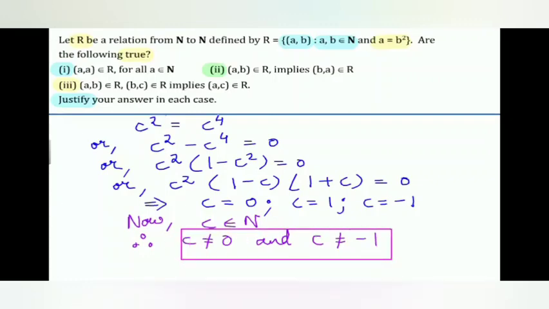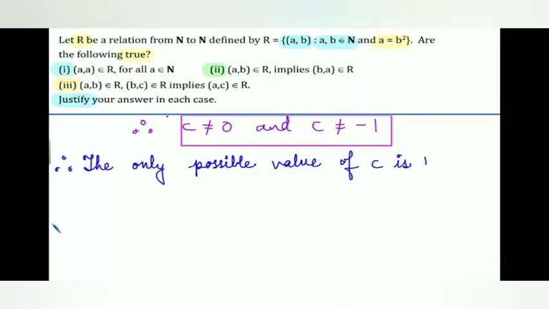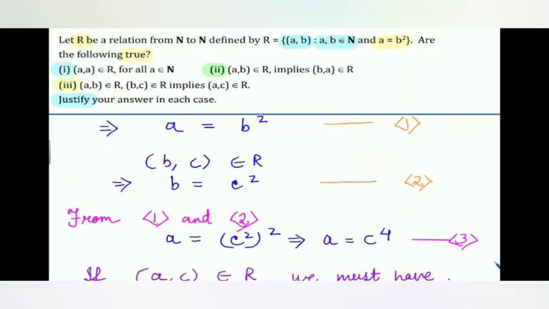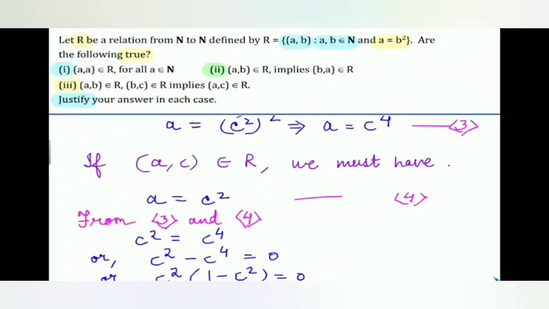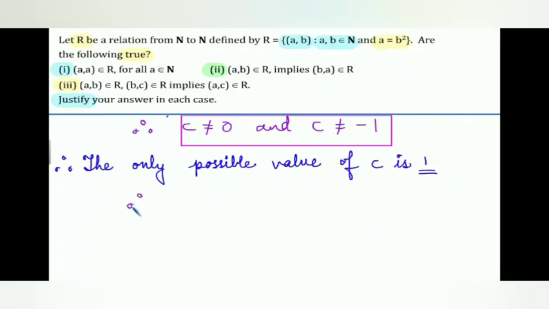So this statement is only true when C is 1. The only possible value of C is 1. So this statement is also not true. If C is equal to 1, then B is equal to 1, and if B is equal to 1, then A is equal to 1.